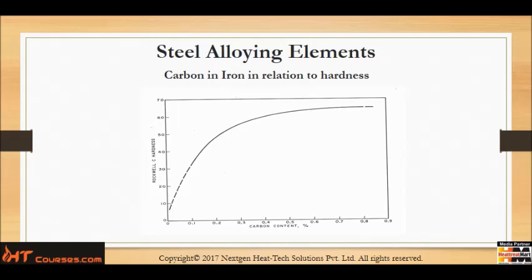And you cannot get this plain carbon steel any higher than that. But sometimes it is necessary to get the steel higher in hardness value than, say, 62 Rockwell. In order to accomplish that, we now need to consider alloying elements.